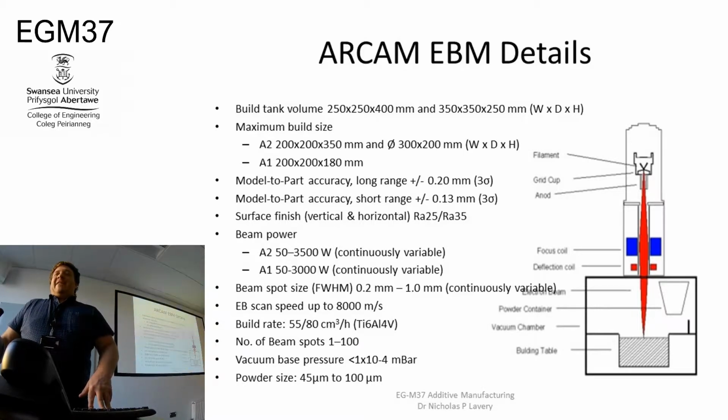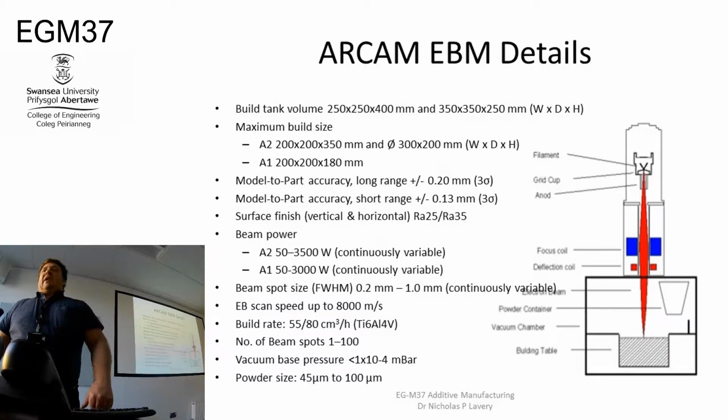I just thought I'd make sure that some of the details of the EBM system were down in writing. So they make a couple of different systems, the A1 and the A2. The A2 system is for slightly larger parts. One of the things that you do see which are quite distinctive about the electron beam system, first of all, we tend to have high surface roughness. This Ra is a measure of surface roughness, 25 microns and 35 microns.